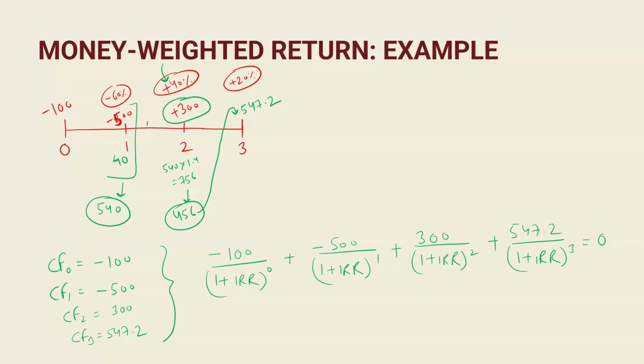This should be equal to 0. That is the idea behind money weighted return. You are applying a constant discount rate to all your cash flows, which makes sure that the present value of all the cash flows, basically the net present value, becomes equal to 0.